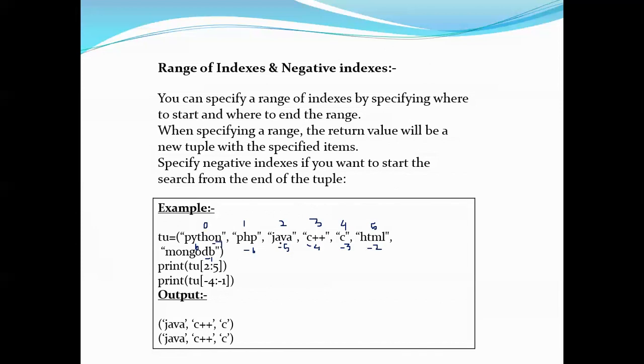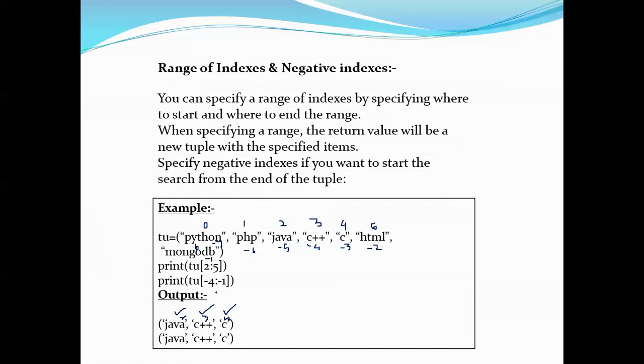So my answer will include Java, C++, and C, which I got here. Java, C++, and C, corresponding to the indexes 2, 3, and 4. 5 will not be taken into consideration because it is the last index.